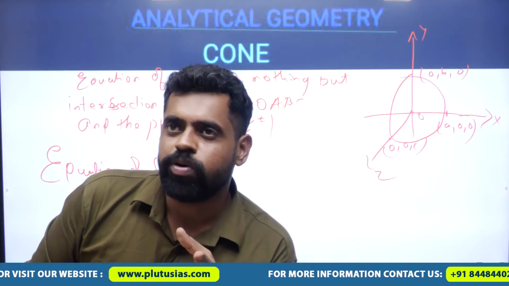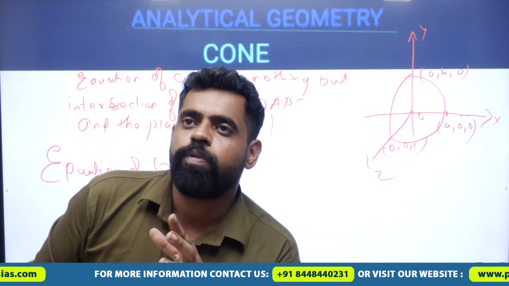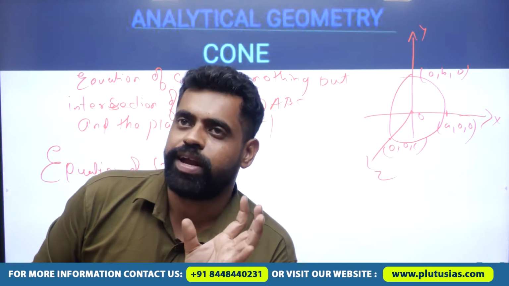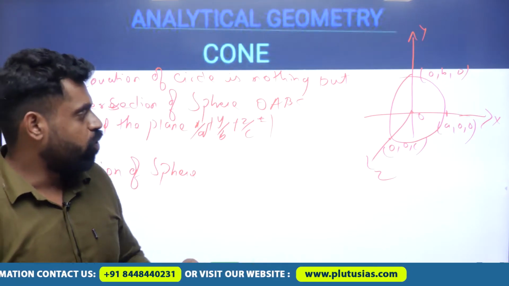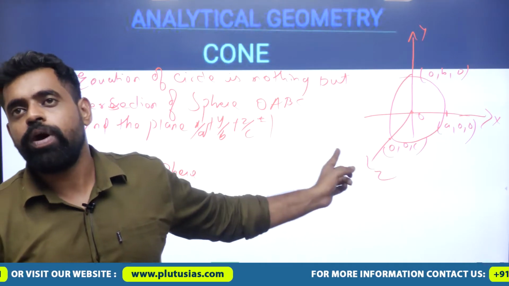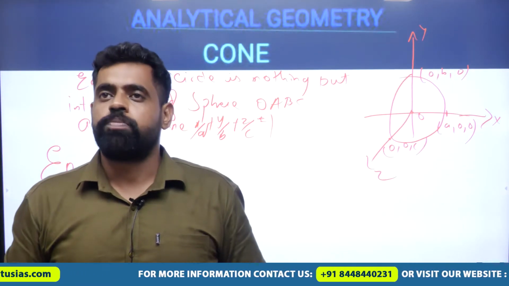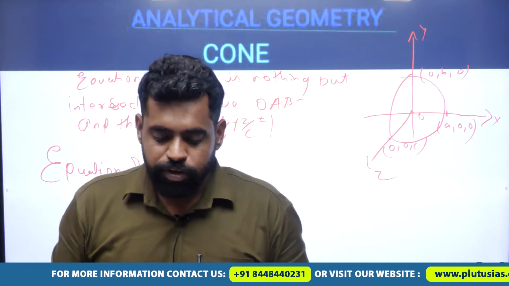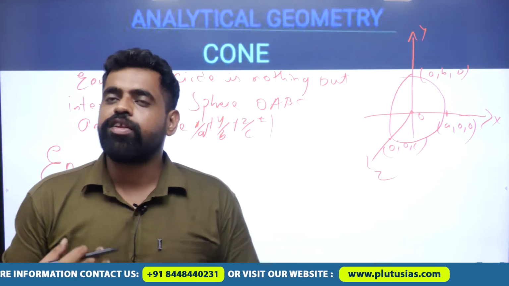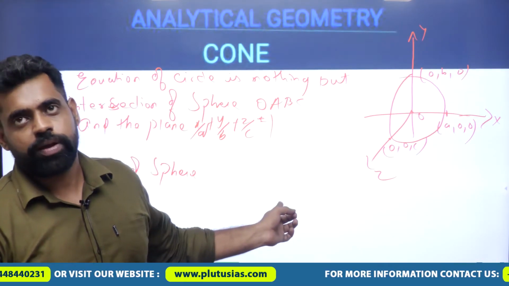My videos are there on the topic sphere where I have taught how to find the equation of a sphere if 4 points are given. There I told you also that this OABC sphere is a special sphere which you must know. Now you see we are getting direct use here.